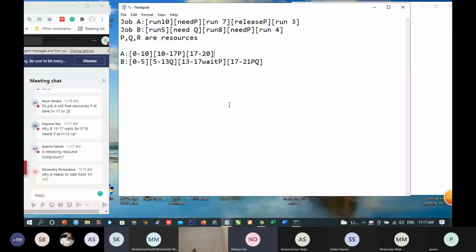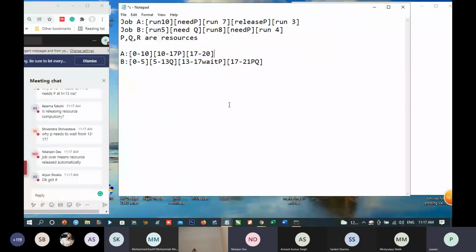Releasing of the resource will automatically take place when a job is over. Because at time t equal to 13, job B needs P. P is not free. That is why it has to wait.